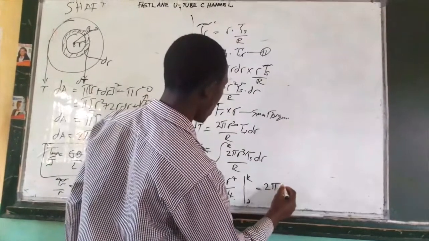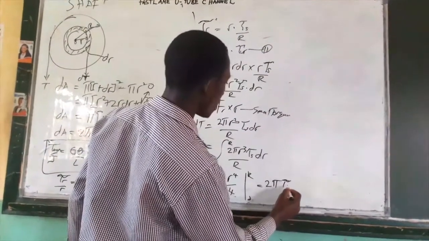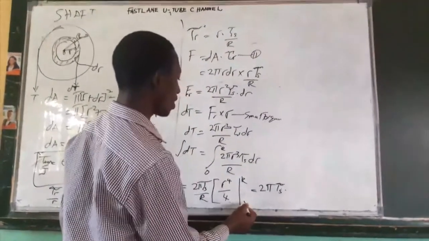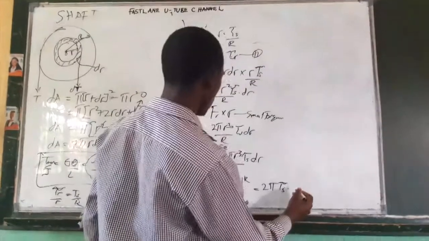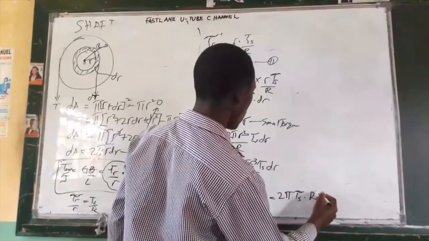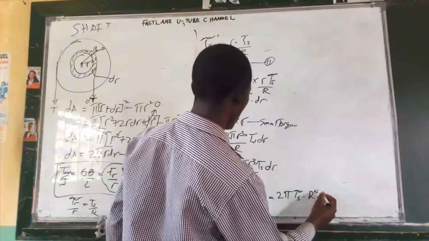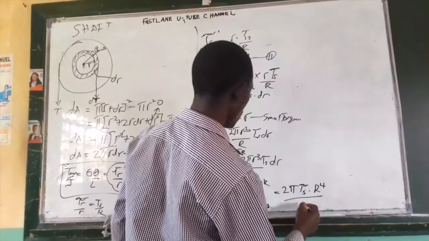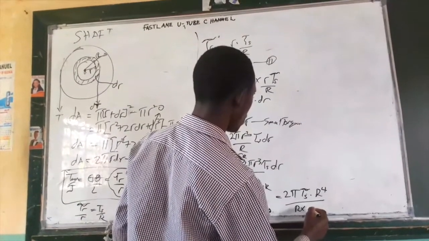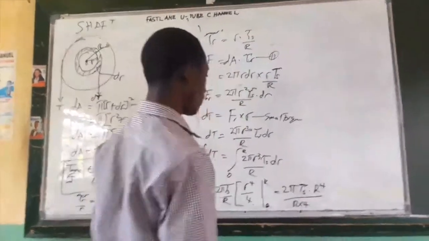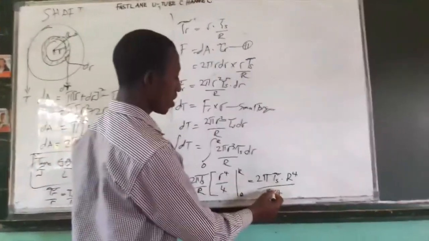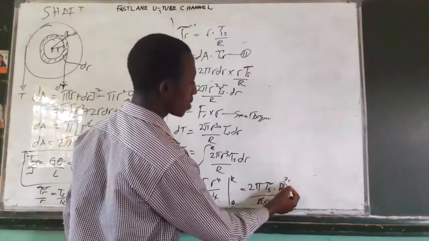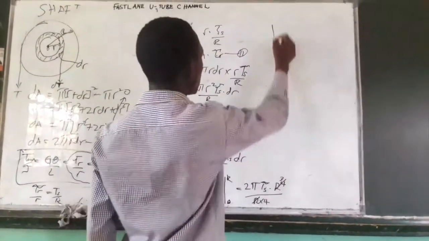T equals 2 pi times the tangential stress, times, substituting the upper limit since the lower limit is 0, R to the power 4 out of R times 4. We can observe R reduces to the power 3.